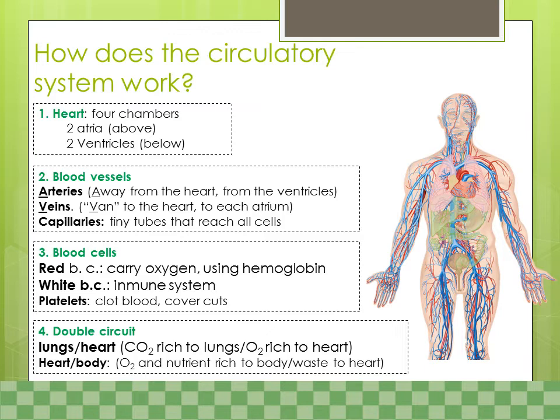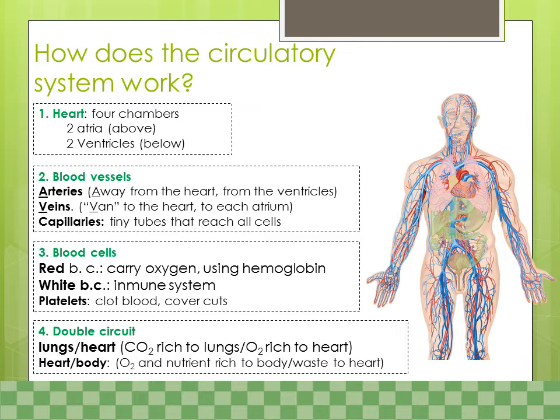Los glóbulos rojos son los que llevan el oxígeno a través de la hemoglobina. Then we have the white blood cells, which are part of the immune system. Los glóbulos blancos, parte del sistema inmunológico, and the platelets, las plaquetas. They are going to clot the blood and they're going to fix it when you make a scratch, they're going to create a scab. Es lo que te va a hacer una costra, las platelets.